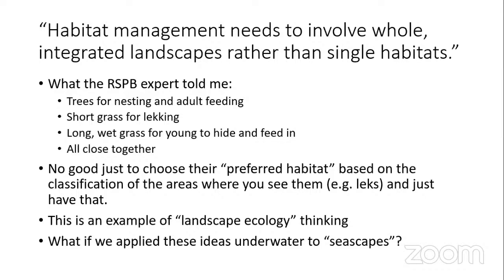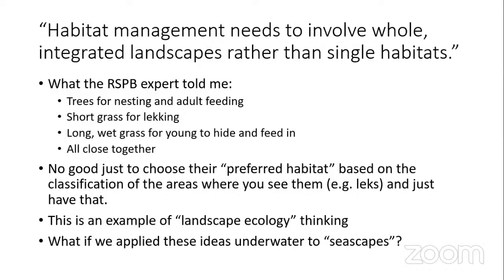And so it's no good just to choose the habitat where you see most of them and think, well, they like that, so we better have more and more of that. On that basis, you'd say, well, we see them mostly in short grass, because they're most visible when they're lekking. So we better cut all these trees down and drain all the rest of this, so they've got more of that short grass that they obviously like best.